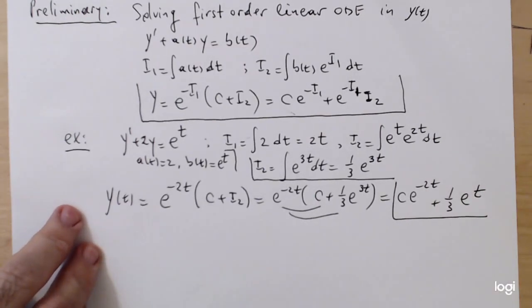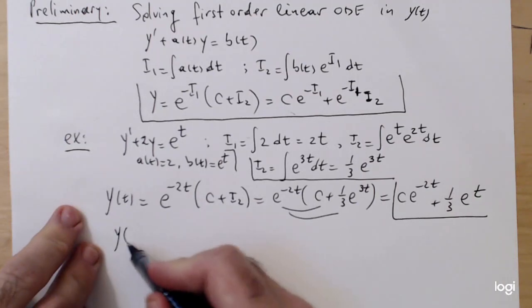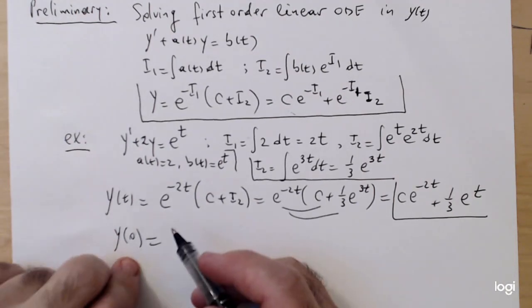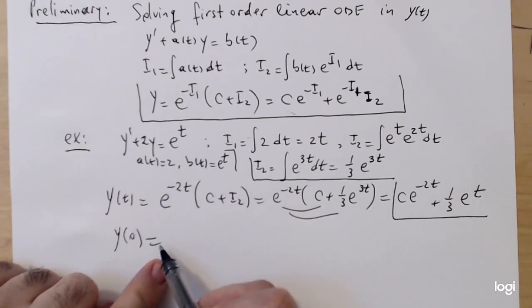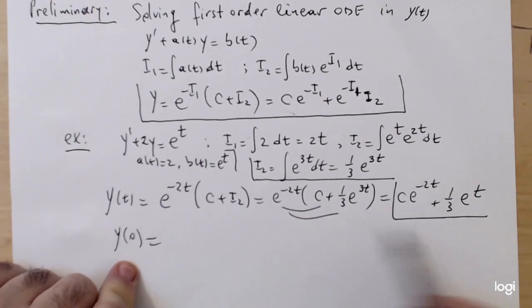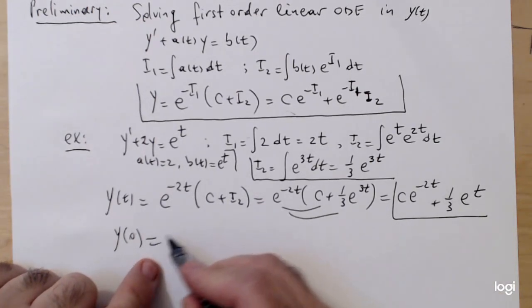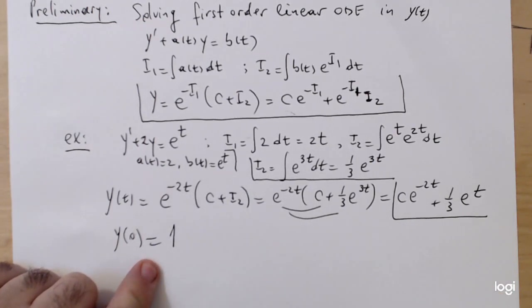If you have an initial condition, of course, as with all boundary value problems and initial value problems, you can deal with it at the end in order to find the constant. Let's say we also have y of 0 equals 1.